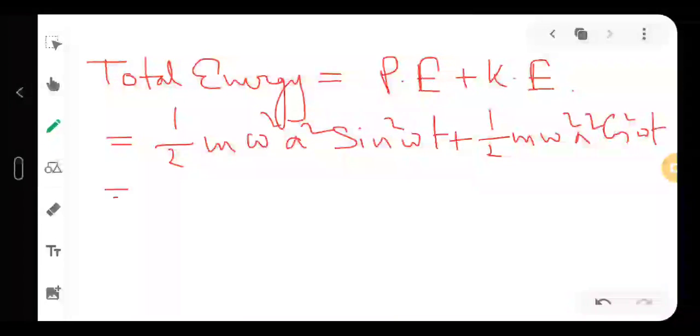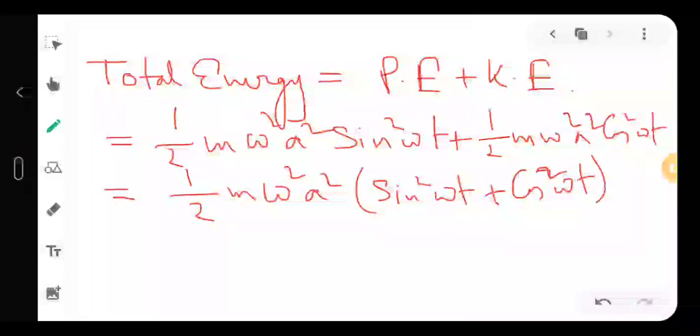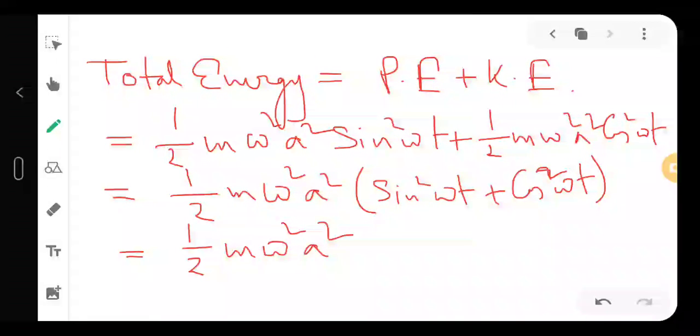So if you just take common half m omega square a square, and this part will be sine square omega t plus cos square omega t. So that will be 1. So I will get half m omega square a square.